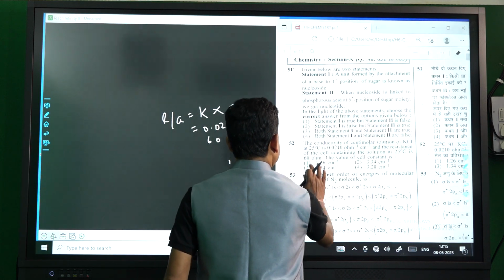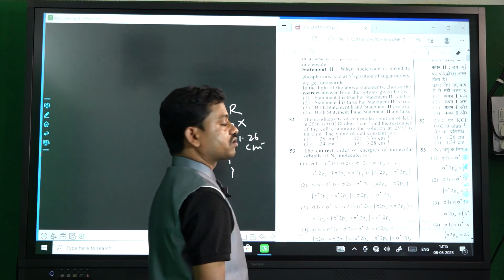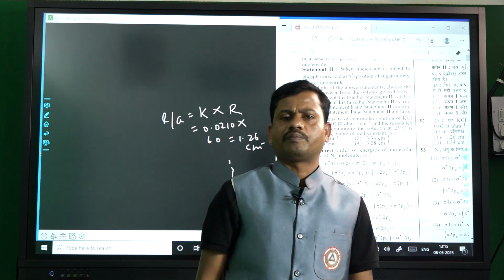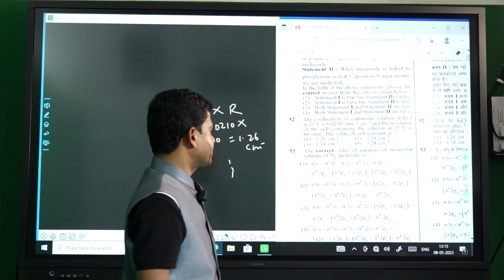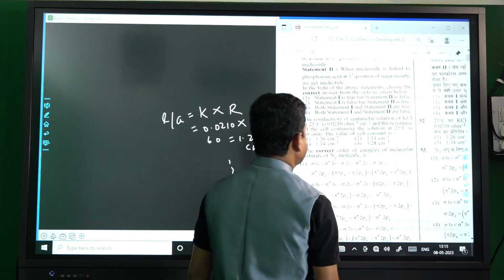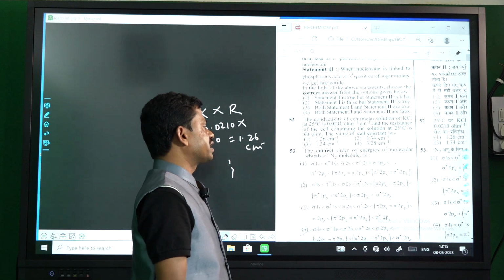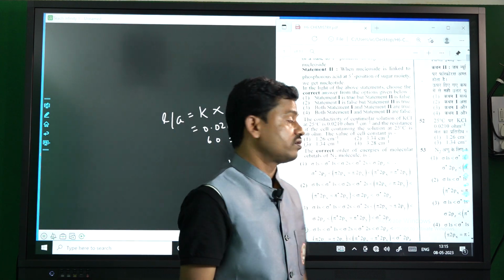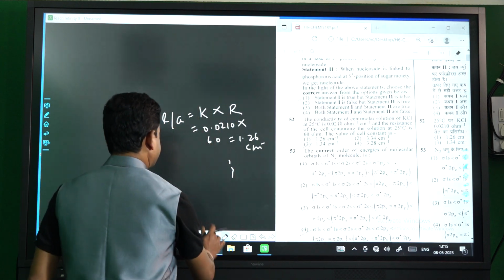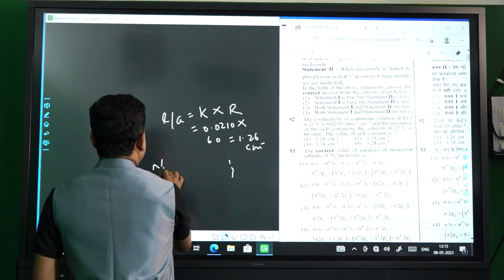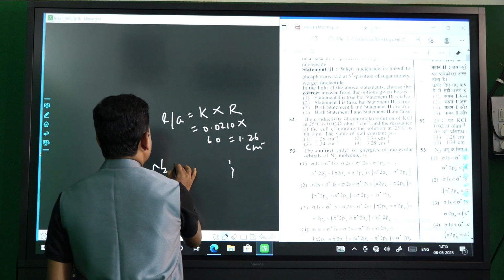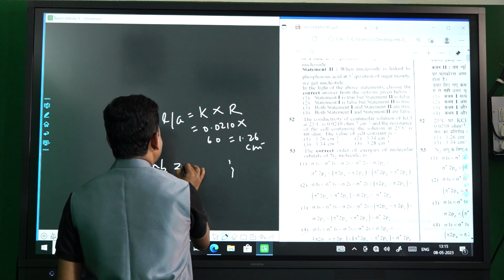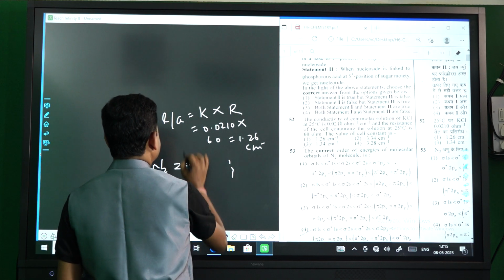Now dear students, come to question number 53, which comes from the chemical bonding chapter, the specific concept of molecular orbital theory. According to MO theory, what is the correct electronic configuration of the N2 molecule? Dear students, remember that the molecule is composed of nitrogen whose atomic number Z equals 7.